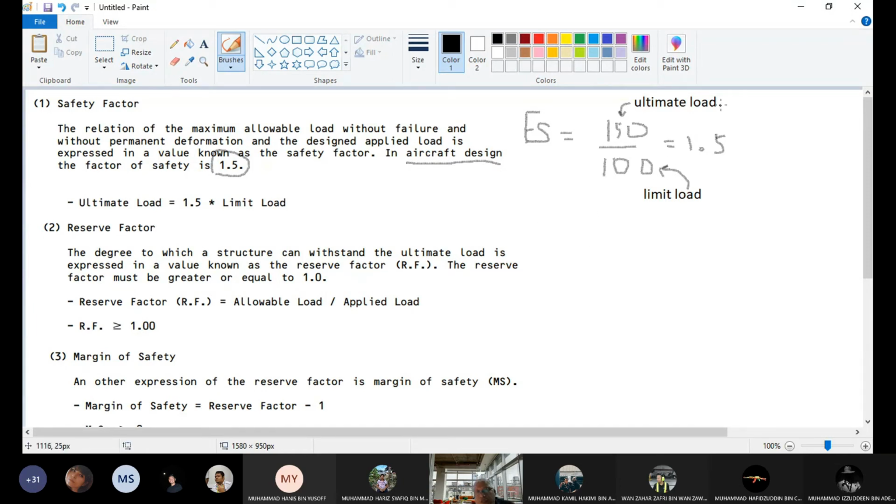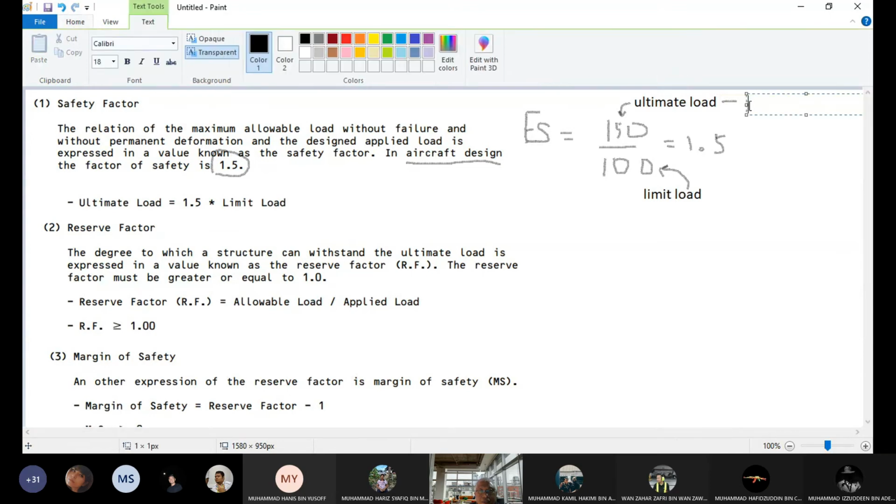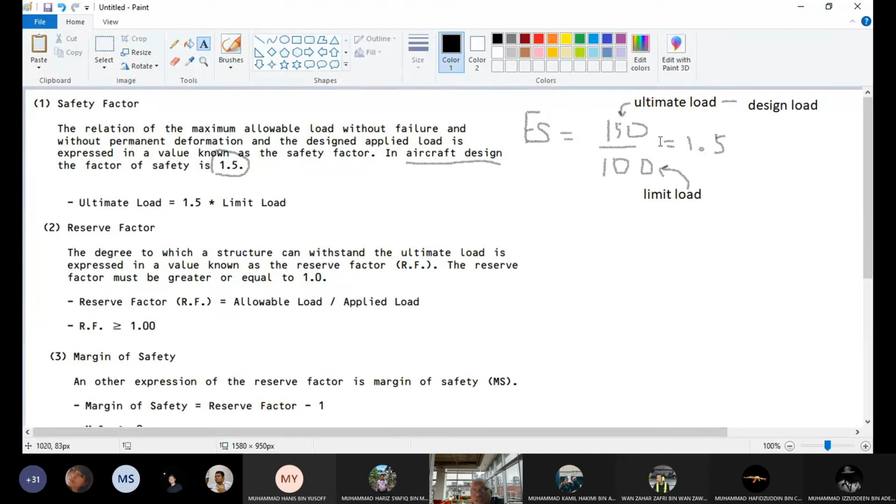So what is limit and what is ultimate? The ultimate load is a load which you will never use. This is the design, meaning you design the structure to 150. Only the limit load is applied.